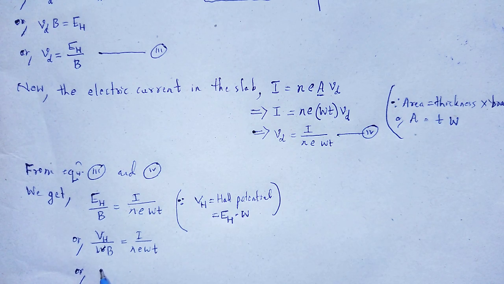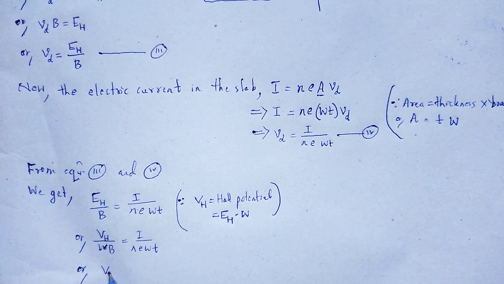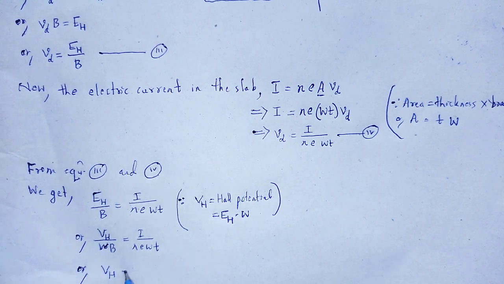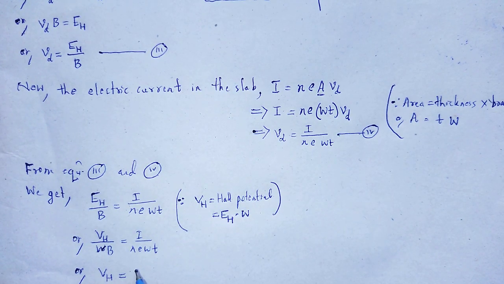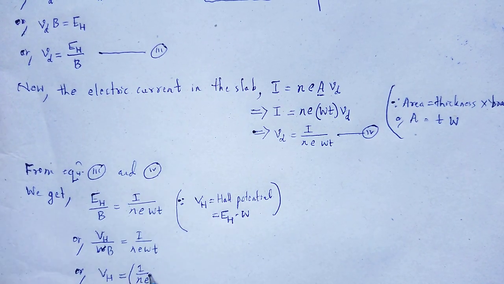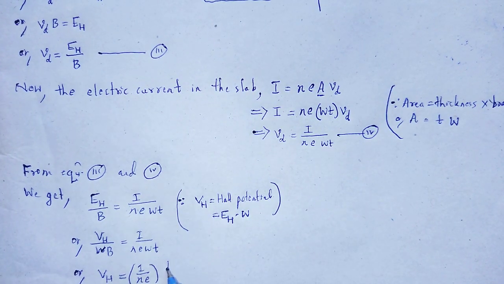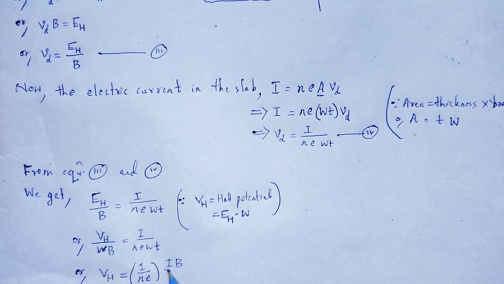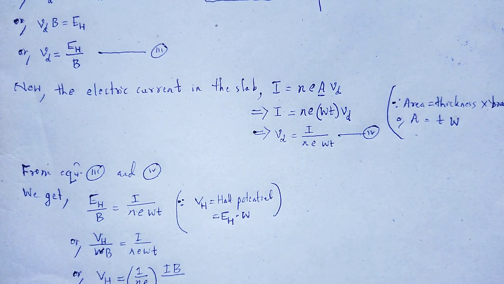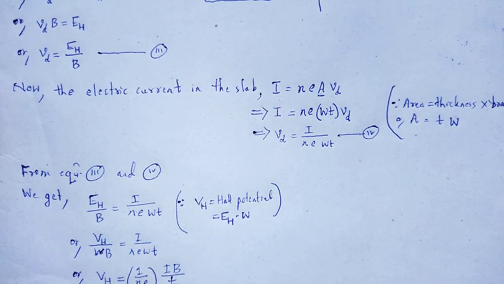We obtain V_H is equal to one divided by N e, I into B divided by T.